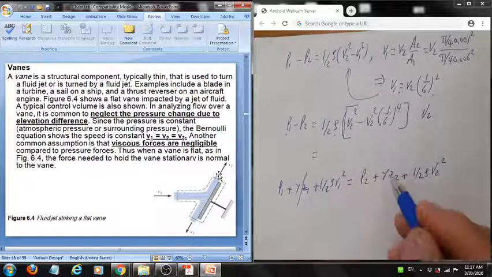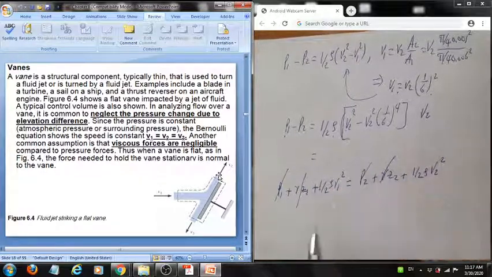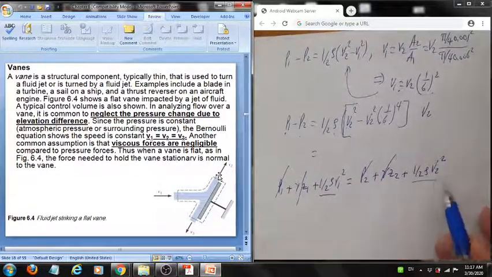Recognize that elevation is insignificant. Also, this is a jet being exposed to the atmosphere in most cases, so we have gauge pressure equal to 0 at both points, so we're left with this term equal to this term.